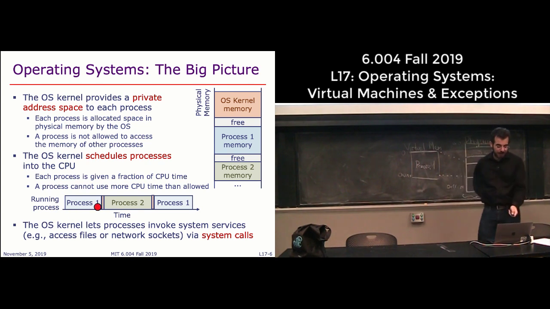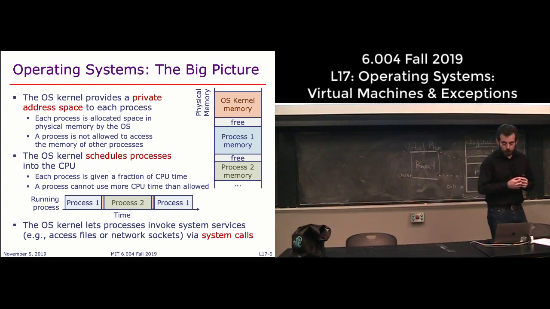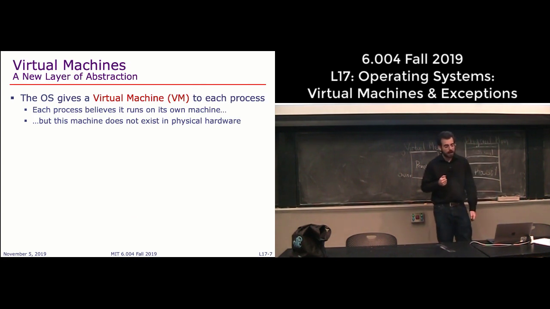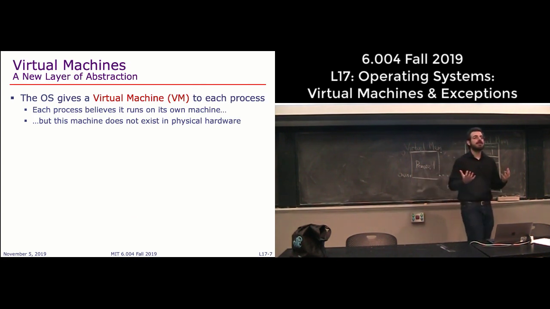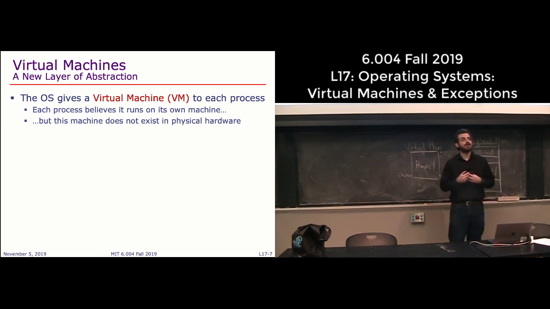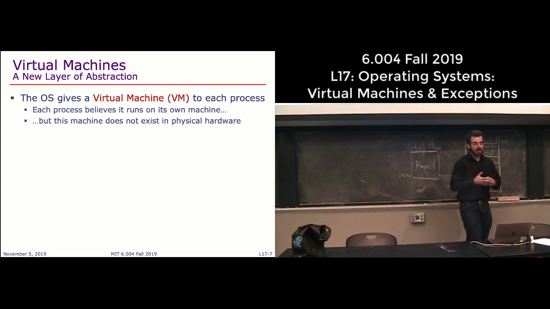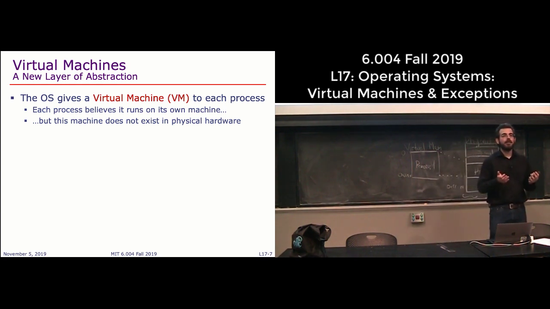And likewise, this CPU is now a virtual CPU. It's not really a CPU that's dedicated to a single process, but it's shared among multiple processes. And so if you consider all of these, what you have is a situation where each process believes that it's running in its own machine. Right? You write the application like it's running alone in the system, but actually it's not.